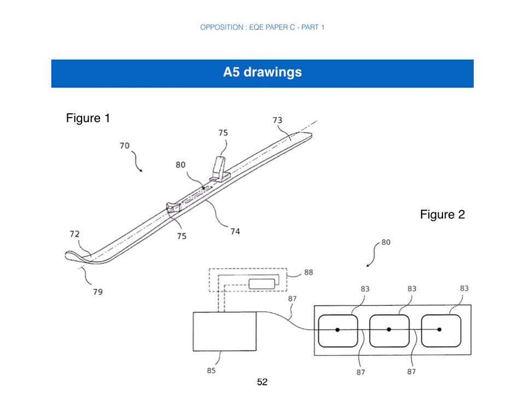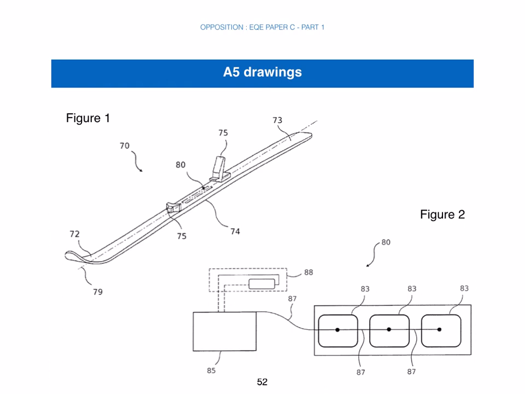We also notice that the ski thickness is slightly tapered towards its ends. And we notice from figure 2 that we have 3 elements, 83, whatever they may be, we will find out. They are connected in series, and we will see whether that is useful later on.